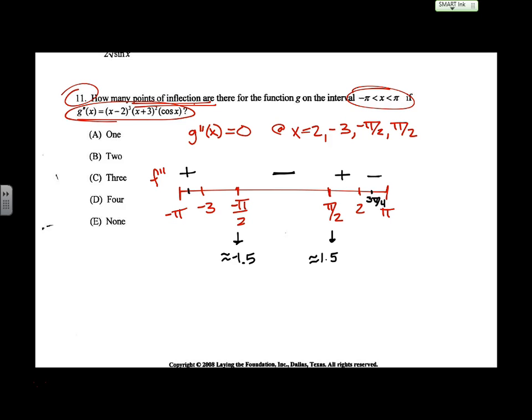And then somewhere in between negative 3 and negative pi over 2 would still be in the third quadrant. Cosine is still negative. Oh, negative 3, so I was doing negative 2.